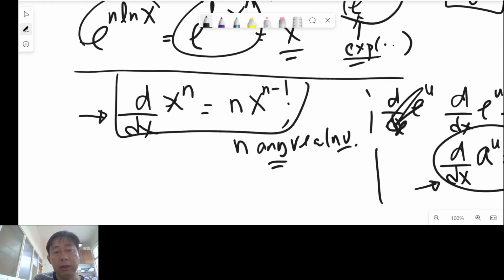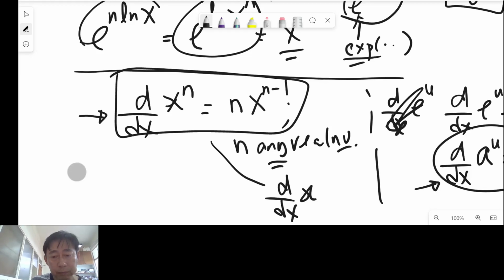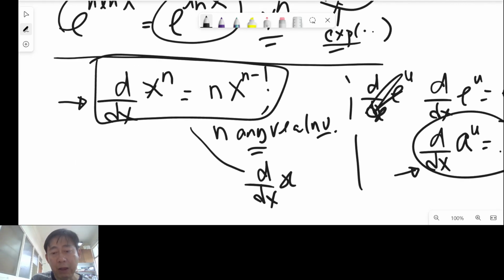So this formula looks very familiar, like what we discussed when we discussed the derivative of x power r for the power function, where the power is a rational number. So this is seen before. It appears to be exactly the same, but it is different, right?